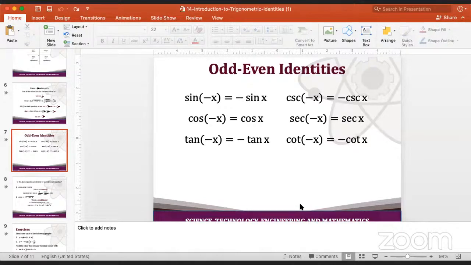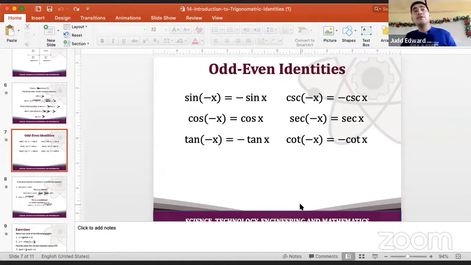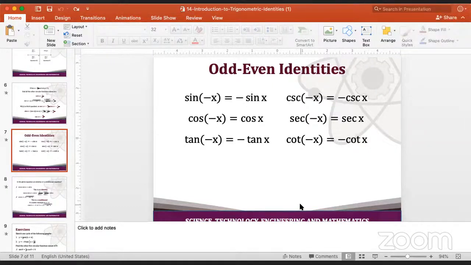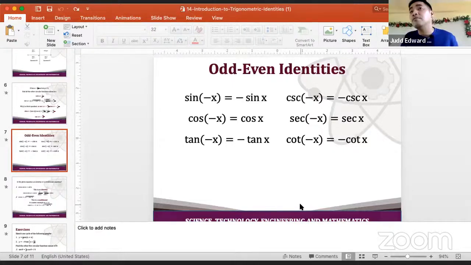Okay. So, what if you're asked to get secant of negative 500? It becomes secant of positive 500 po. So that is the property of odd-even identities.